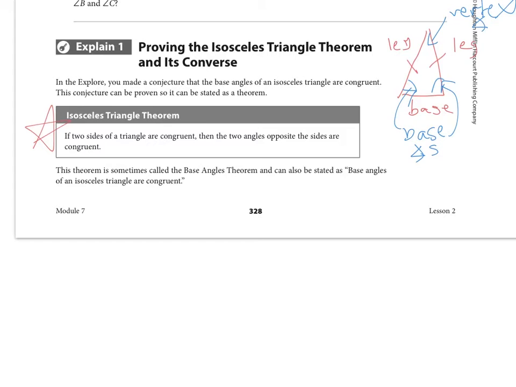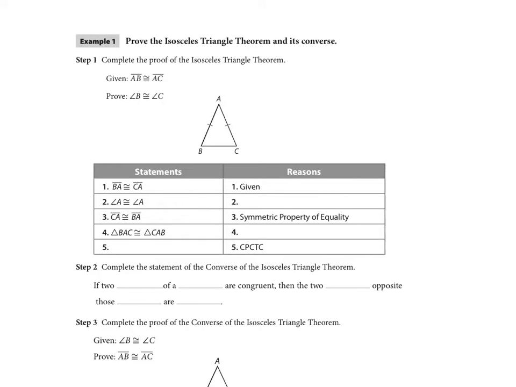Okay, we're going to go over to the next page, page 329. And I don't want to go through all these proofs necessarily, but I do want to highlight the idea of the isosceles triangle theorem's converse. So if you look at step 2 right here, we have the converse of the isosceles triangle theorem.